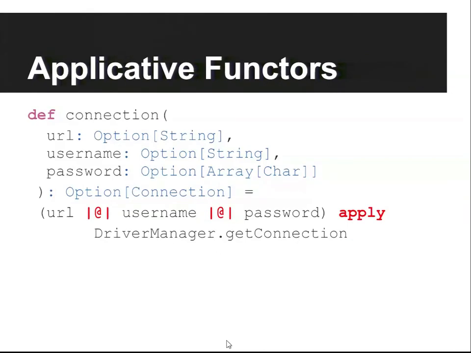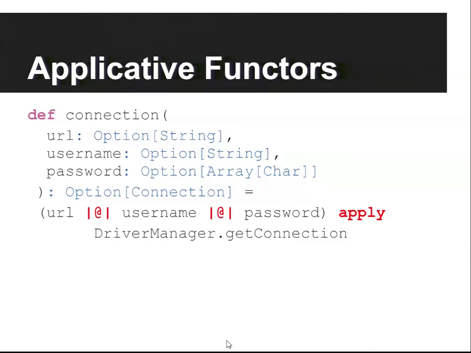These are really awesome. If you remember, we had that example where I was taking in optional values: an Option of a URL, a username, and a password. I want to get an Option of a connection. There's this funny little @ method. This comes from a library called Scalaz. That's the method from Haskell. They don't actually provide human readable names for this, I believe, so you're stuck, but I think we should.